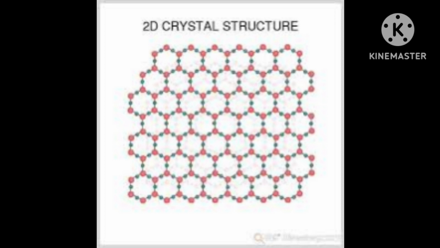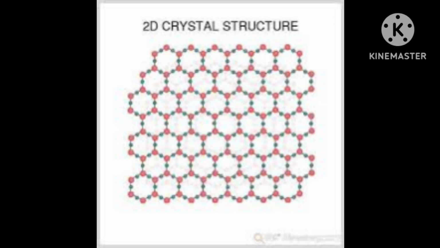Okay. And last, the covalent or network solids. What are the constituent particles here? Atoms. And what type of bonding? Covalent bonding. What are examples? Silicon oxide, SiO2, quartz. Another example is silicon carbide.